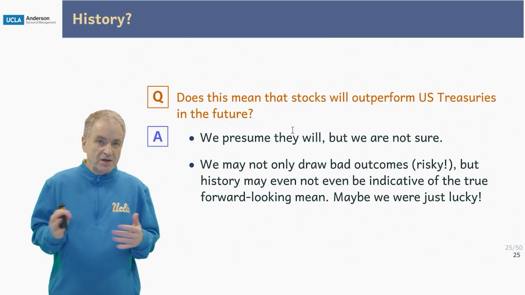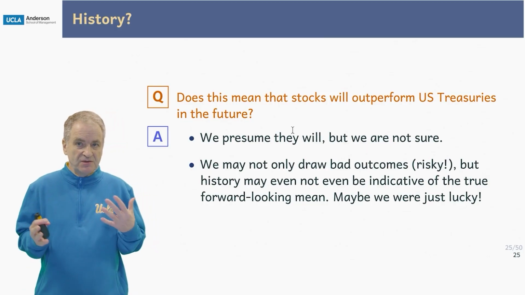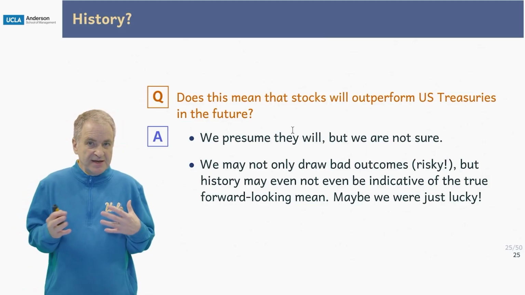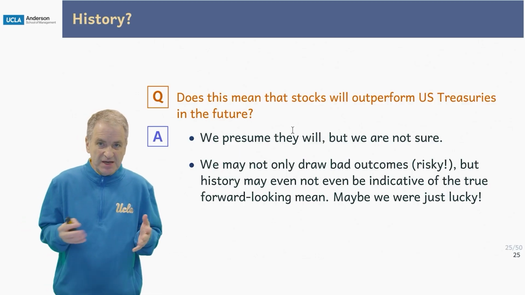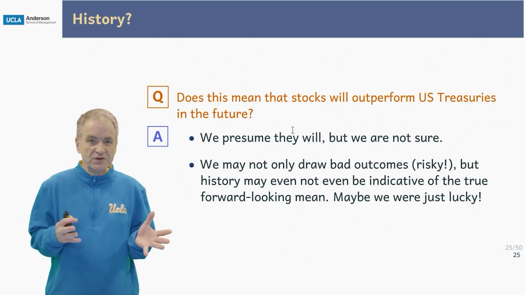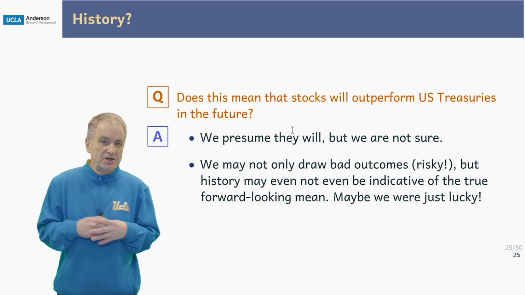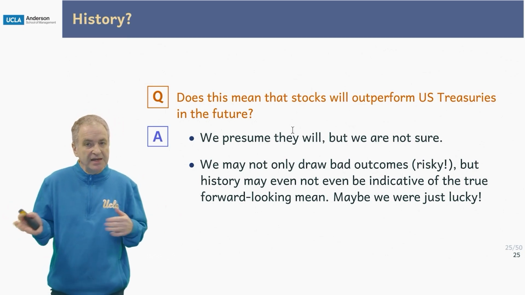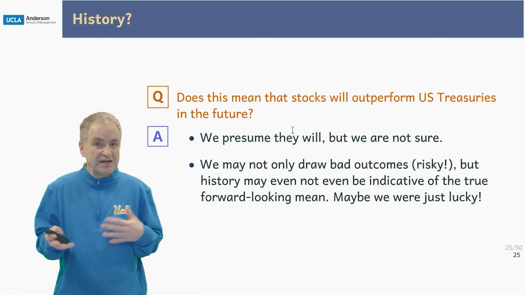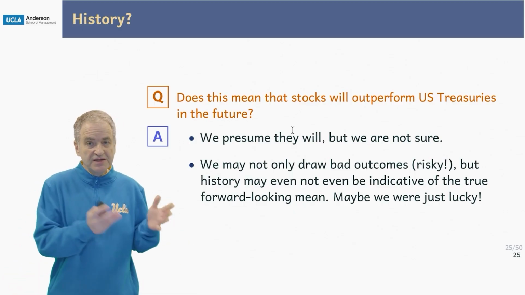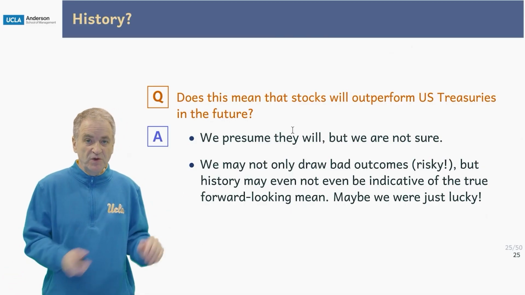We may not only draw bad outcomes and risky aspects, but the whole history of stocks and the whole history of treasury bonds may not even be indicative of what's going to happen in the future. There may be totally different distributions, and even the past distribution may just have been lucky draws. This may not even have been indicative of the expected rate of return before the fact.